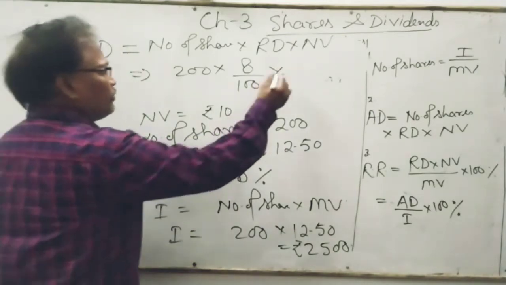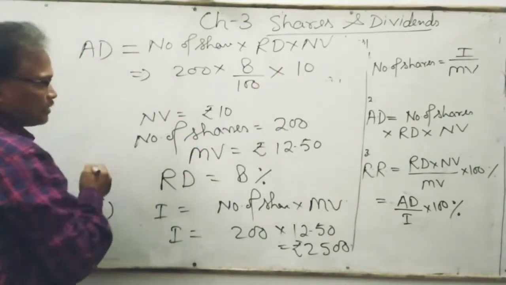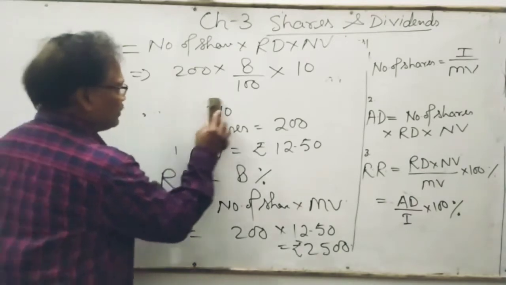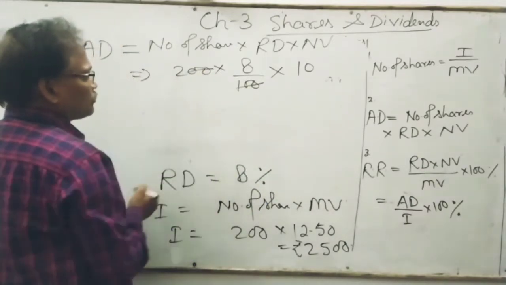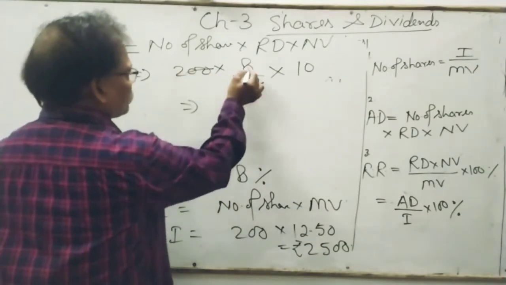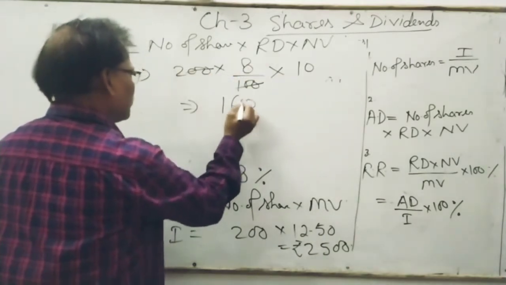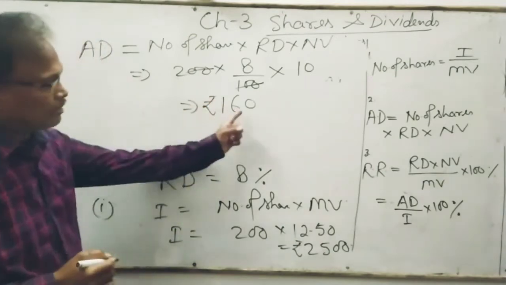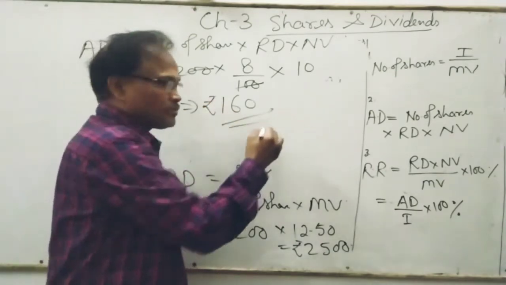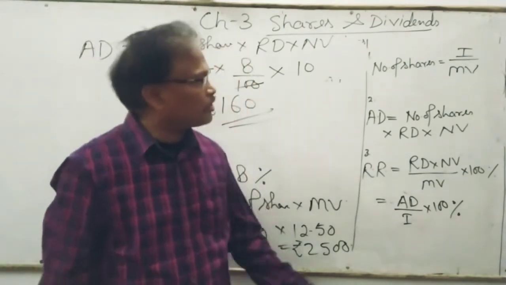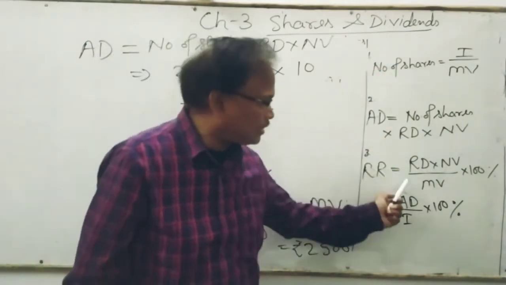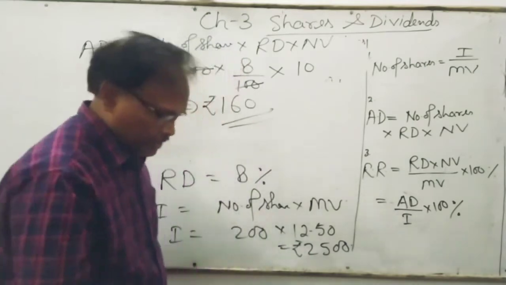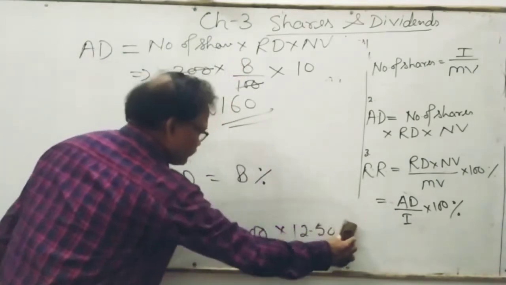And NV means rupees 10. And then you simplify, you will get your answer. So this 20, 20 cancel. 8 twos are 16, 16 tens are 160. This is the annual dividend. So by this way you can get easily, because all questions are based on only these three formulas. Clear? Now the next question.